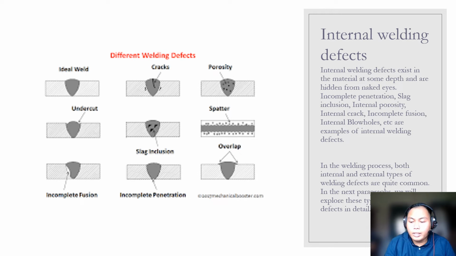Internal welding defects exist in the material at some depth and are hidden from the naked eye.